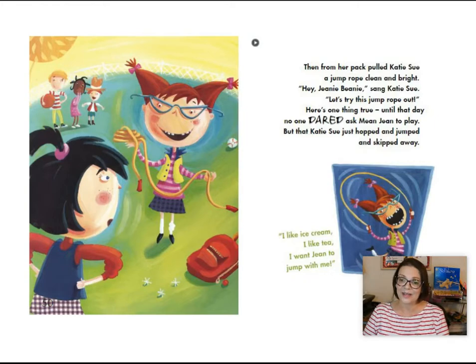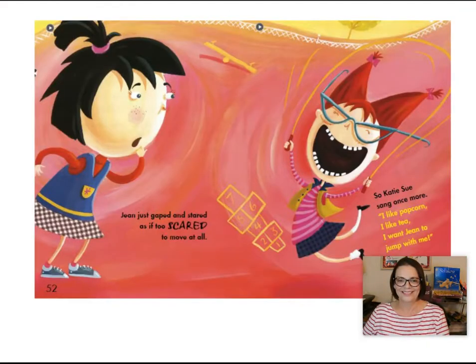I like ice cream, I like tea, I want Jean to jump with me." Jean just gaped and stared as if too scared to move at all. So Katy Sue sang once more, "I like popcorn, I like tea, I want Jean to jump with me."